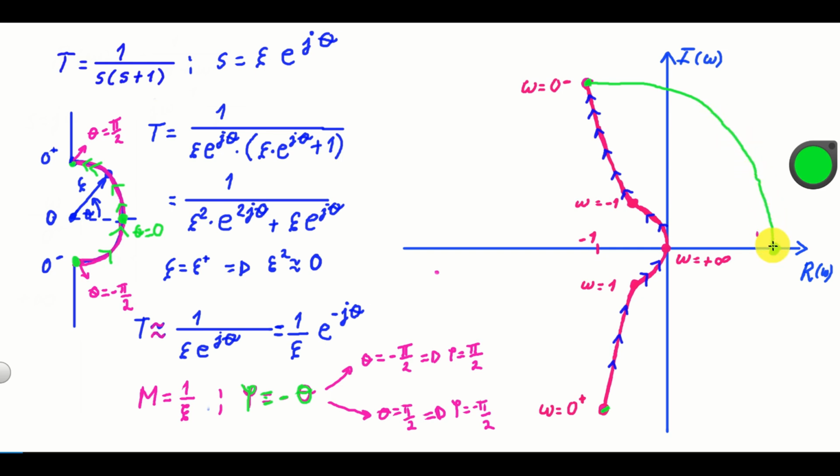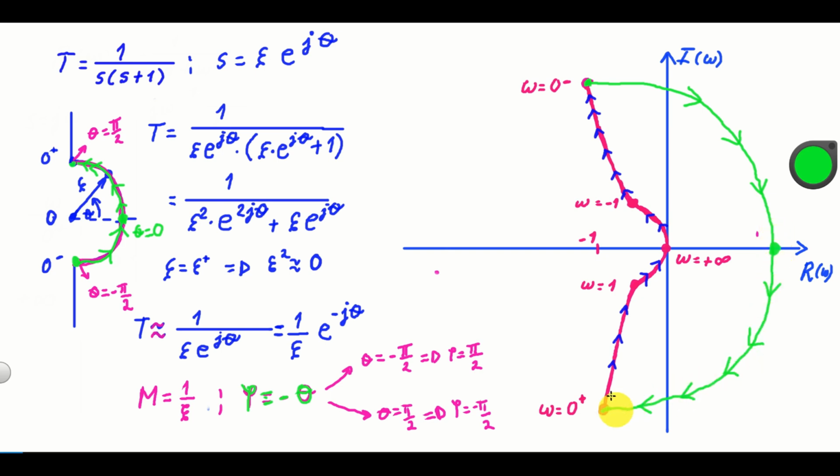So we go here, and then from here we go here. And here is the direction. So we go like this, and eventually we will reach 0 plus. To summarize, when we move along the semicircle, we are actually moving along this circle with an infinite radius, and we are moving clockwise.